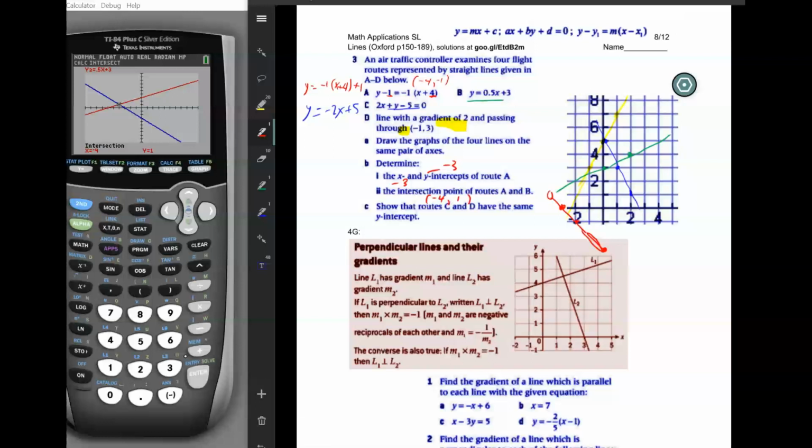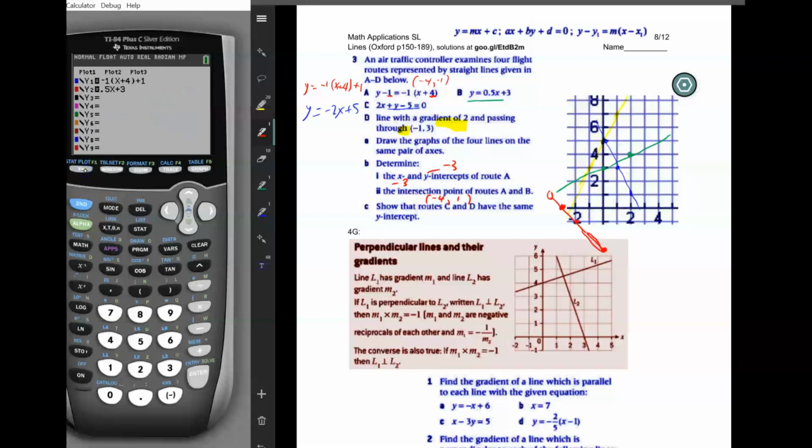Part C. Show that the routes C and D have the same y-intercept. Okay, so from the graph, we can already kind of see that, right? The yellow and the blue seem to have the same y-intercept.